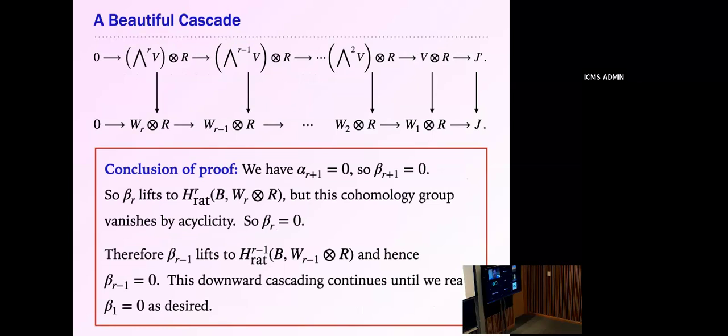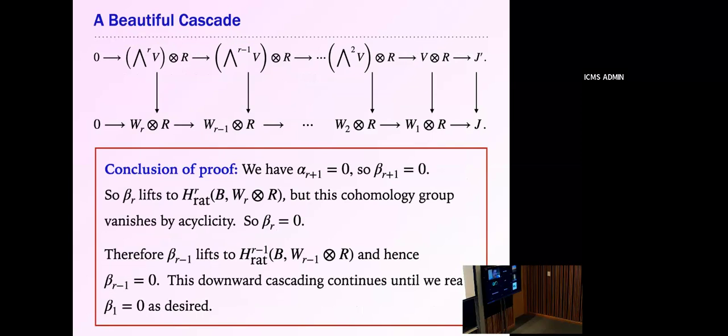All right, so we have alpha R plus 1 is 0. So it pushes forward, okay, to beta R plus 1, which is 0, which is in the image of this map, okay? But what is beta R plus 1? Beta R plus 1 was the obstruction of beta R lifting to H^R of W_R, okay? But I just said beta R plus 1 is 0, so that means beta R does lift to H^R of W_R.